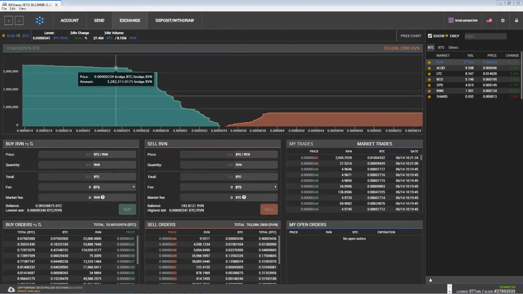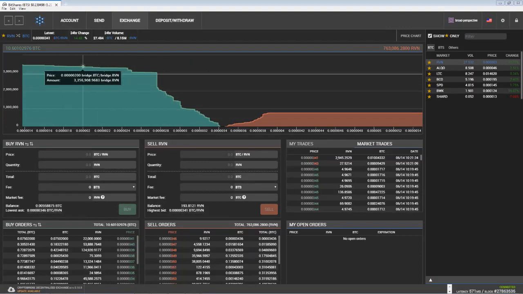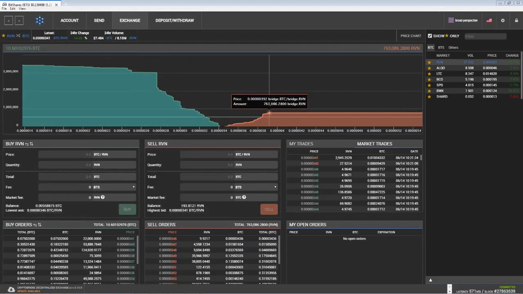So all this green is orders wanting to buy Ravencoin, and the price is getting lower and lower as you move to the left here. So obviously at a very low price, there's going to be many more people who say, hey, I'll spend a little Bitcoin for X amount of Ravencoin. Over here in the red is the sell side. So these are all people who are wanting to sell their Ravencoin, and the price is getting higher and higher as you move to the right.